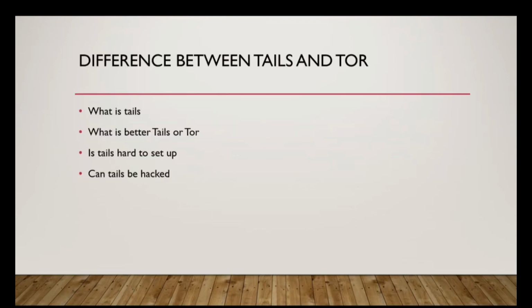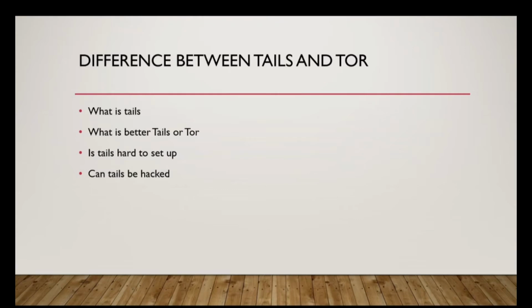Alright, so what is Tails? The main difference between Tails and Tor is that Tor is a web browser. It's a way for you to connect to the deep web or to any other website. But Tails, on the other side, is a complete operating system.